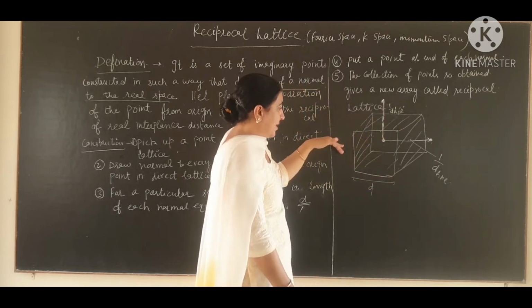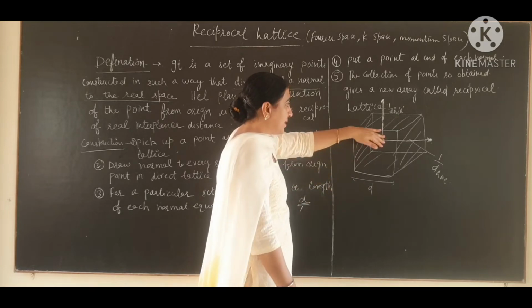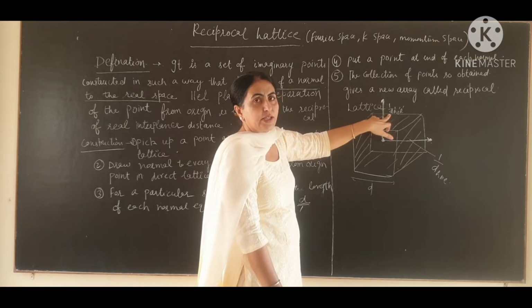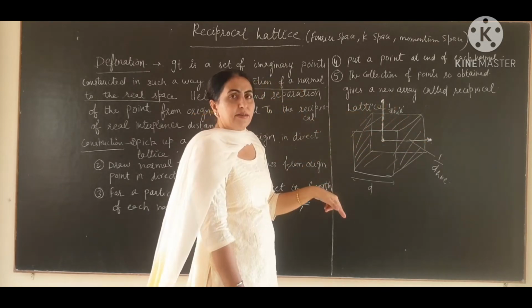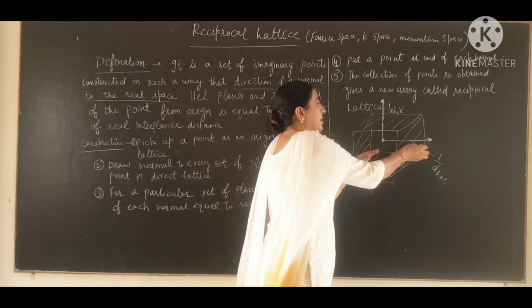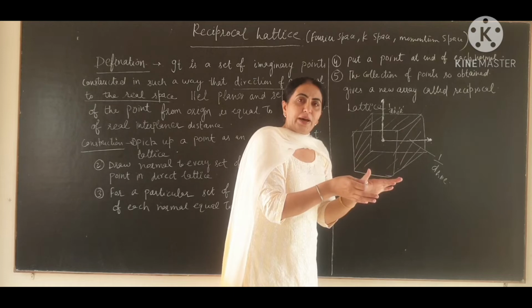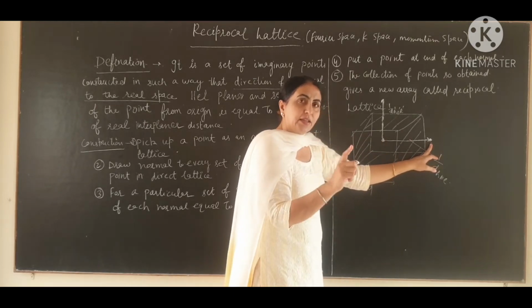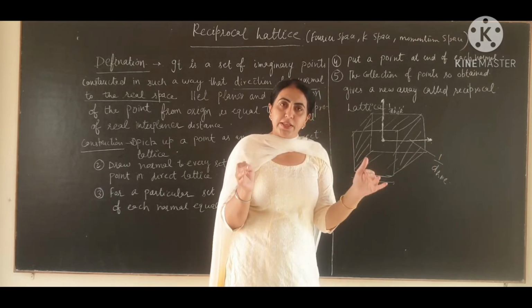Similarly, for another set of parallel planes, draw a normal and take a point at the end where the distance is 1 over d HKL. Clear? So, I am repeating again: draw a normal to each set of parallel planes and take a point at the end where the length becomes 1 over d HKL, where d is the distance between the planes.